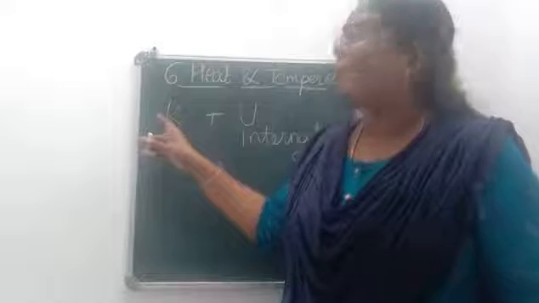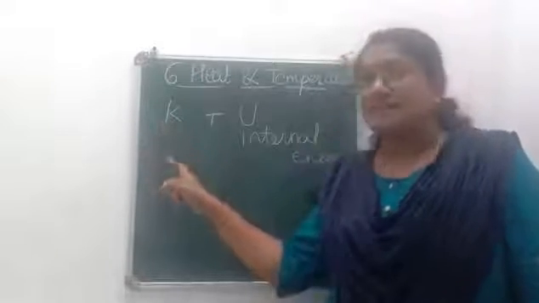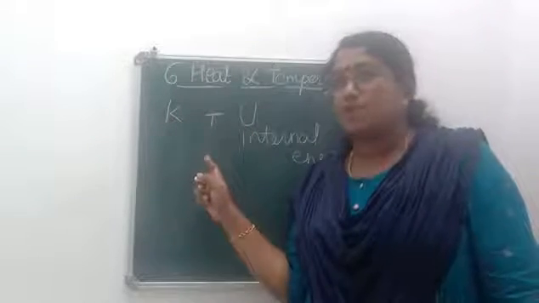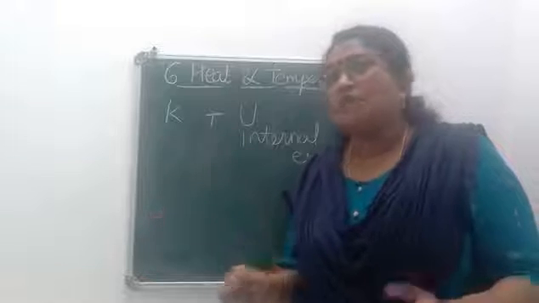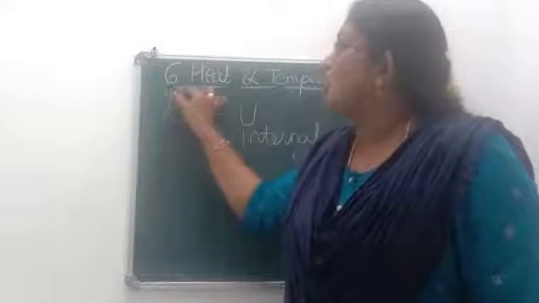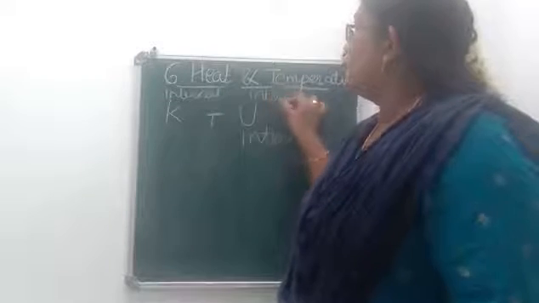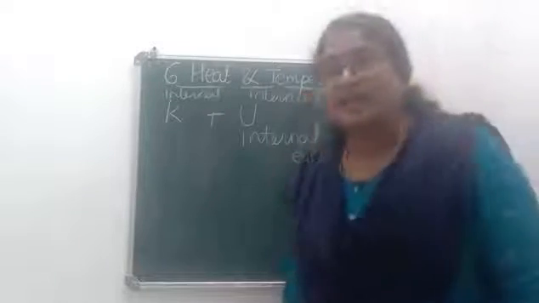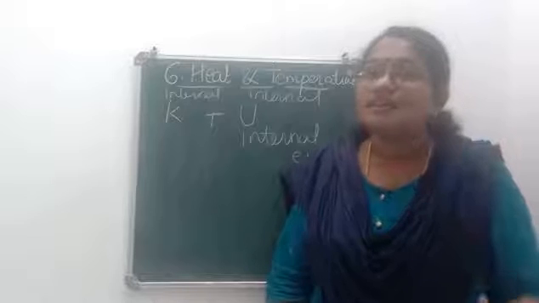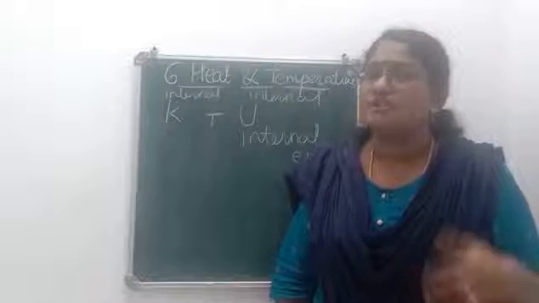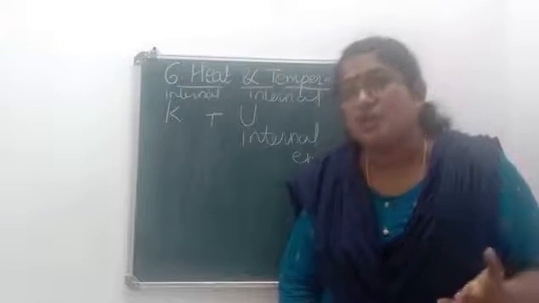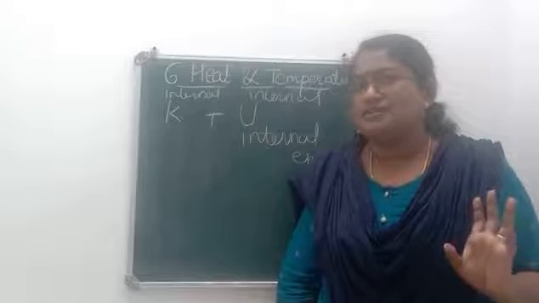It is the sum of, here you will say it as internal kinetic energy and internal potential energy. The sum of internal kinetic energy and internal potential energy can be called as internal energy, and the total internal energy of the molecules can be called as heat. Okay, so I hope it is clear.